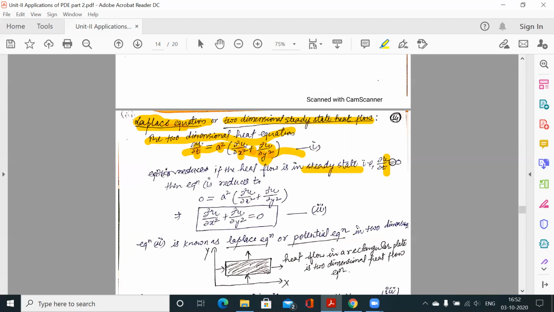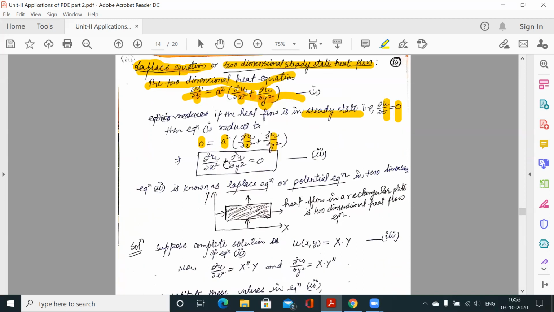That means del U over del T is 0. So the left hand side is 0. So what is left? This equation only. 0 is equal to c square del 2u over del x square plus del 2u over del y square. So del 2u over del x square plus del 2u over del y square is equal to 0. This is known as the Laplace equation, or potential equation in two dimensions.